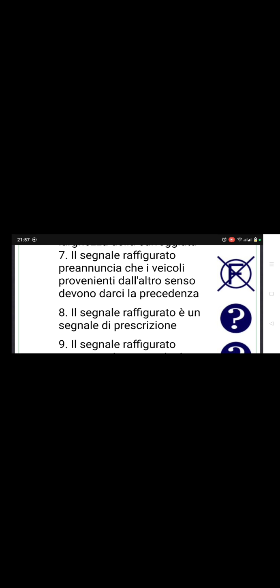It's false. This signal is not announcing anything like that. It's only letting us know that there is a shrinkage on the carreggiata, the road is becoming narrow. It's not telling vehicles coming from the opposite side to give right of way. No, it's false.